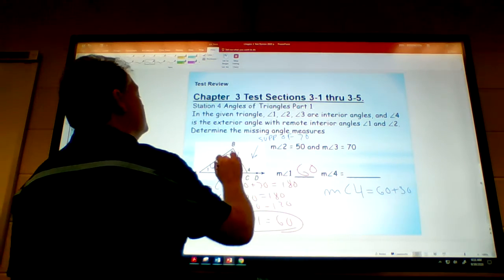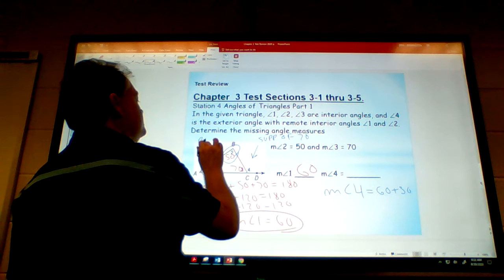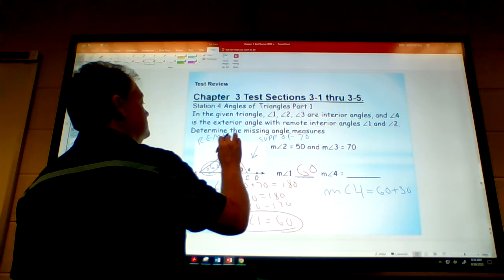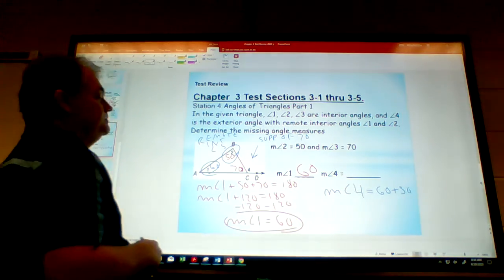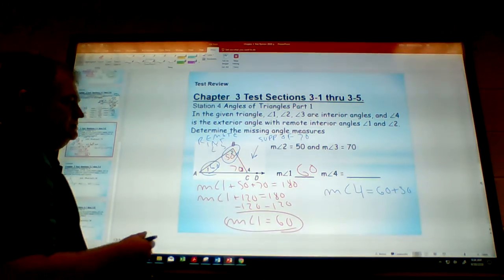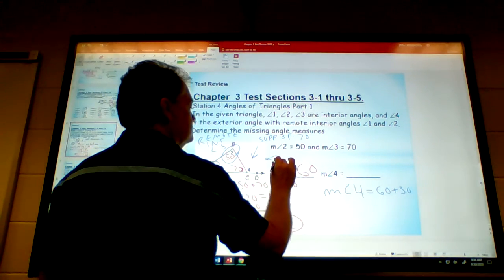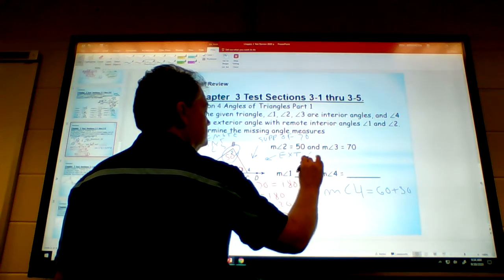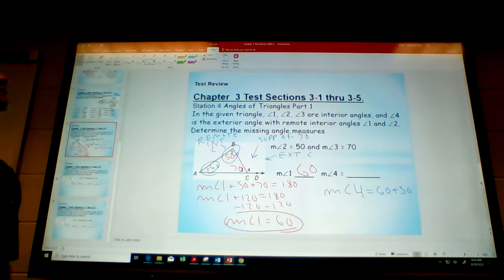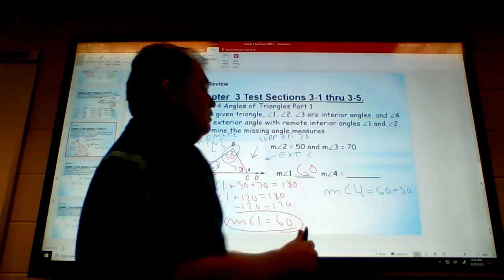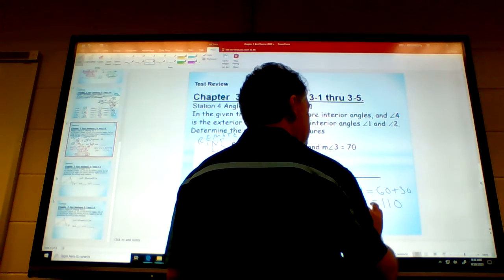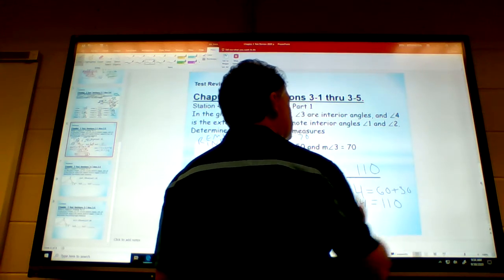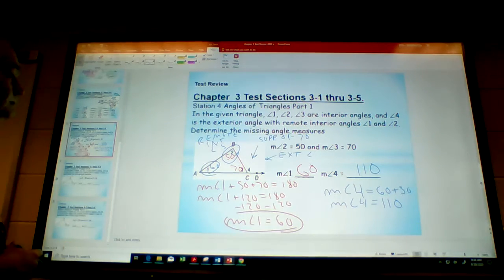Now, these are the remote interior angles. So the exterior angle is the sum of the two remote interior angles, which is still 110 degrees. All right. That's that one.